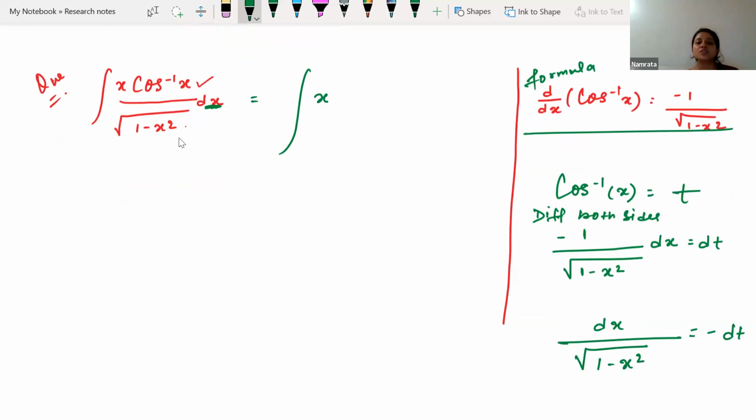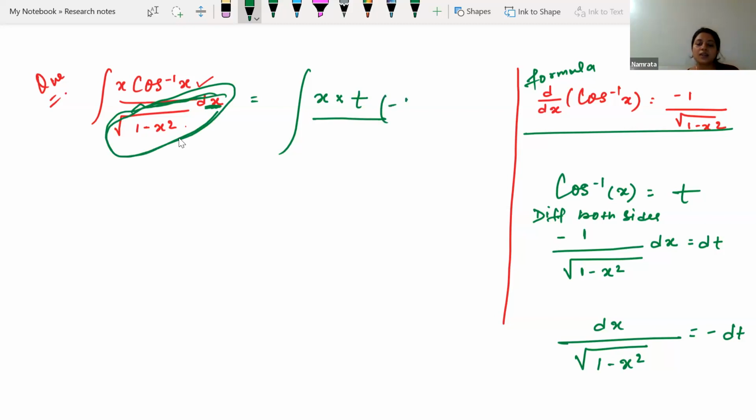Just I'm showing you for this step, but please don't write like this; we need to write everything in terms of t. Cos inverse x I have taken as t, and dx by under root 1 minus x square is minus dt.